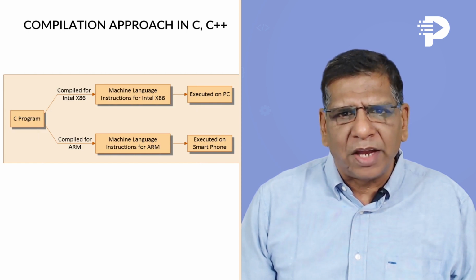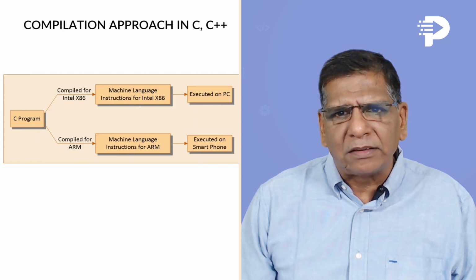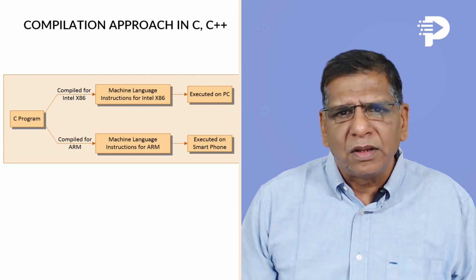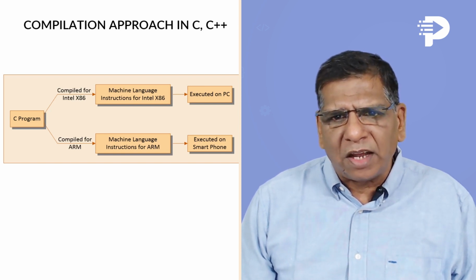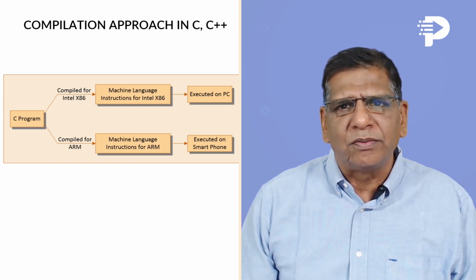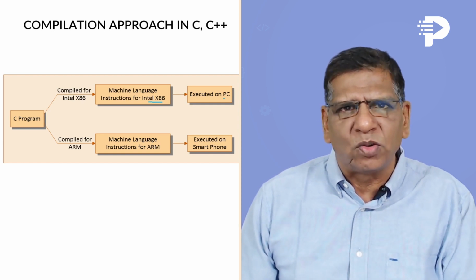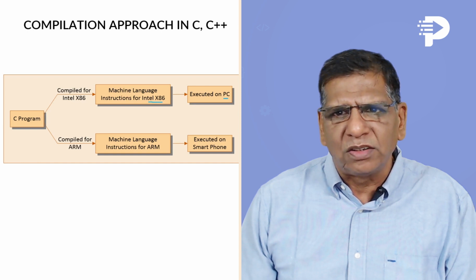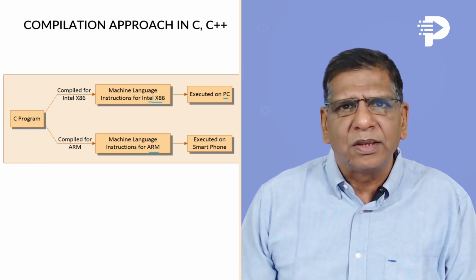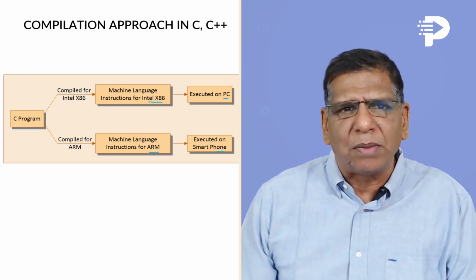For example, here we have an Intel x86 microprocessor being executed on, let's say, a Windows PC, or machine language instructions created for ARM are being executed on a smartphone. So PC will have its own operating system. Similarly, smartphone will have its own OS. Maybe there is Windows OS installed on your PC, whereas Android OS is present on the smartphone. So instructions specific to a platform are created during compilation.